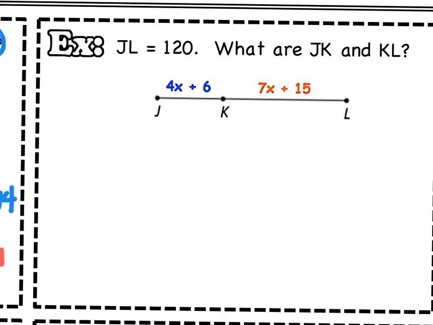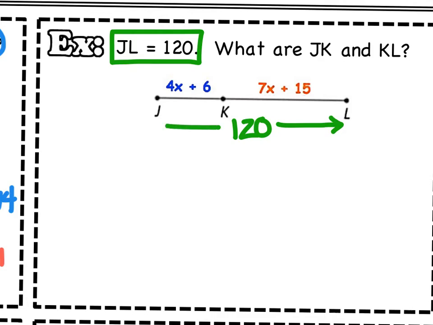So in the second example here, we have segment JL, and we know that JK is equal to 4x plus 6. We know that KL is equal to 7x plus 15. And we also have this piece of information given to us in the problem that JL, which is the entire segment, is 120 units.